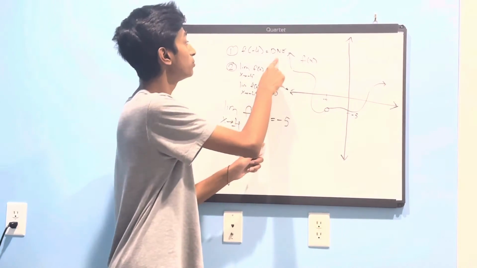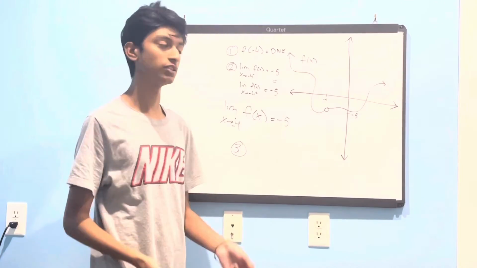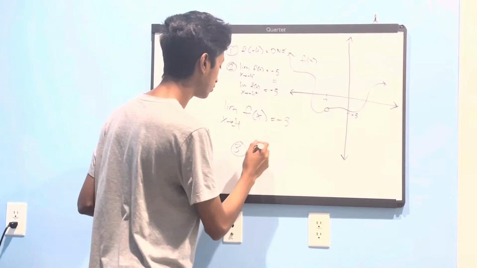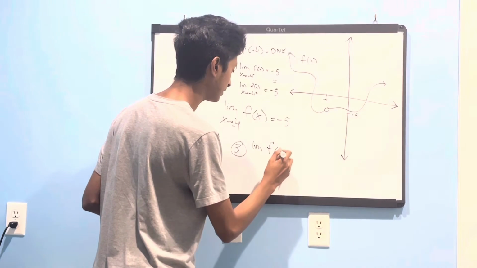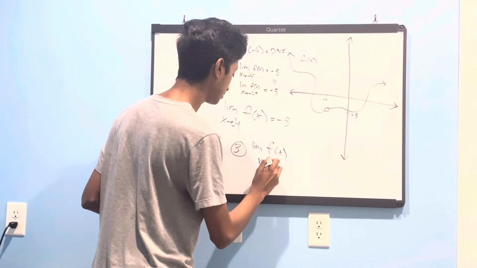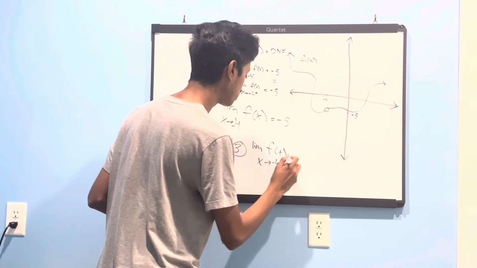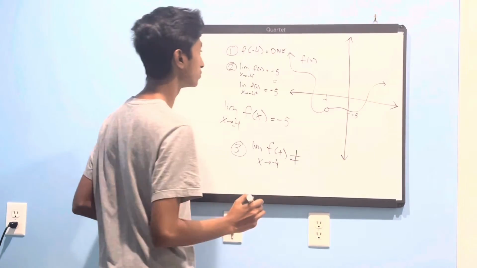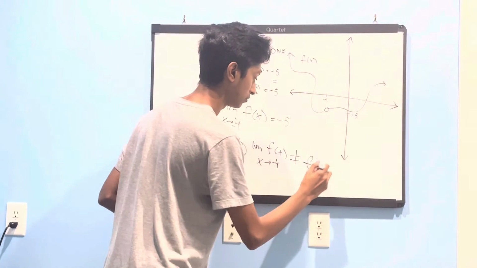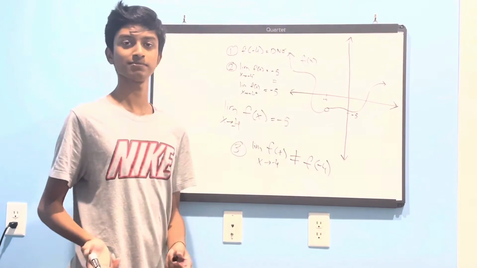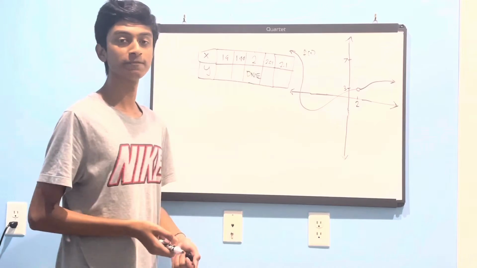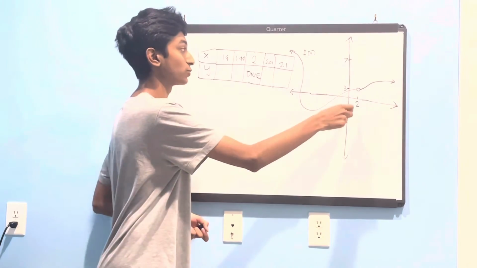But these are not equal, meaning this is not continuous. So I'll go ahead and write out the third step for you. The limit of f of x as x approaches -4 is not equal to f of -4, meaning f of x is not continuous.